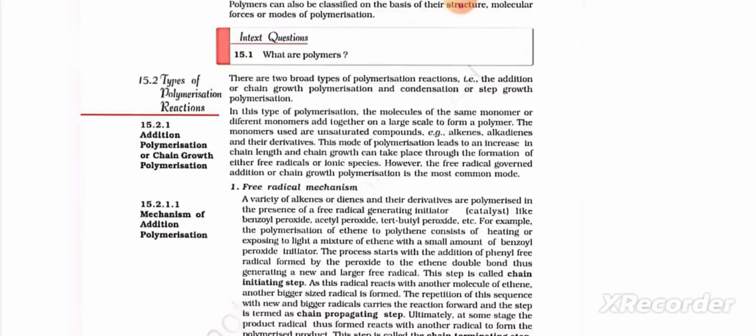The monomers used are unsaturated compounds, for example alkenes, alkadienes, and their derivatives. This mode of polymerization leads to an increase in the chain length, and chain growth can take place through the formation of either a free radical or an ionic species. However, the free radical governed addition or chain growth polymerization is the most common mode.